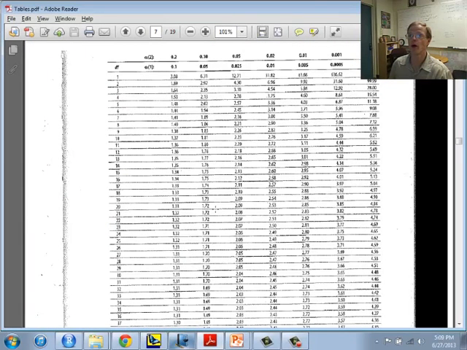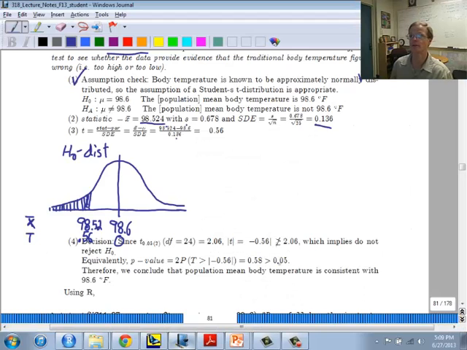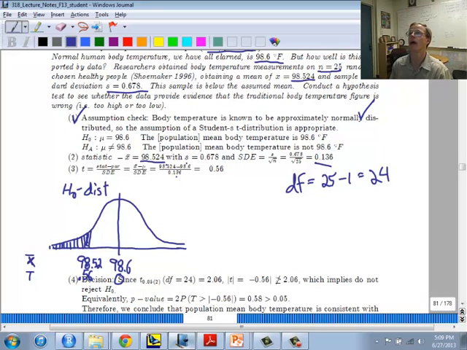So our degrees of freedom is 24 since n equals 25, so let's make a remark about that. Degrees of freedom is 25 minus 1, which is 24, and we're going to test this thing. It doesn't say, so we're going to use alpha is 0.05.